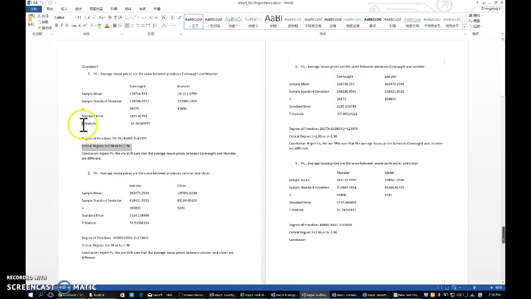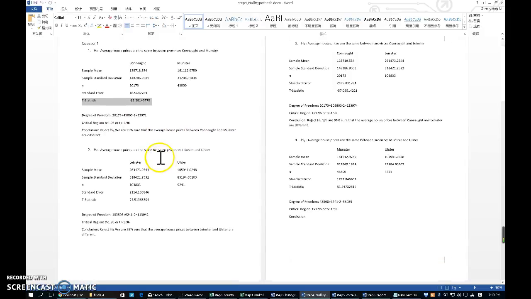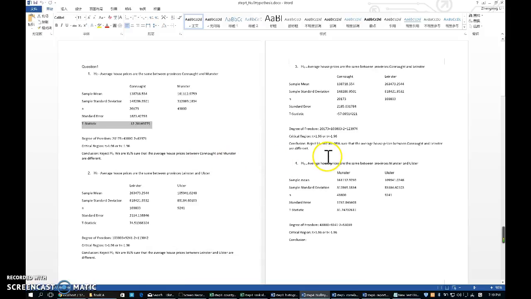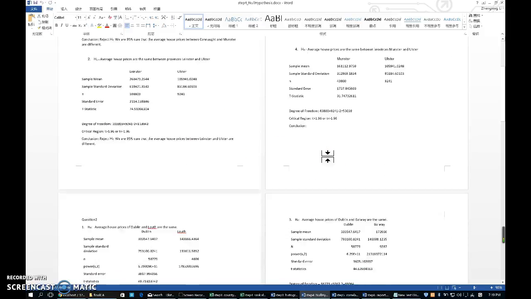Obviously this is in the critical region, so we reject the null hypothesis, and we are 95% sure that the average house prices between Connaught and Munster are different. And the same for the next few questions about province.